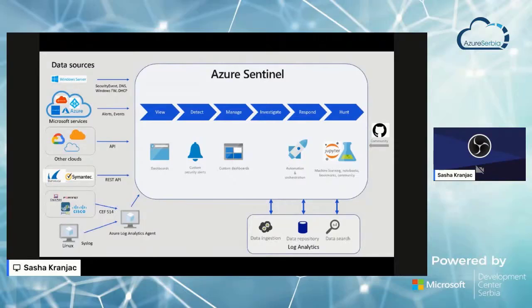So instead of relying just on the automatic detection, we still have to perform some manual work. But in this case, we are dealing with gazillions of data, which would be impossible to analyze and deal with if we didn't have tools such as Sentinel or Azure Security Center.